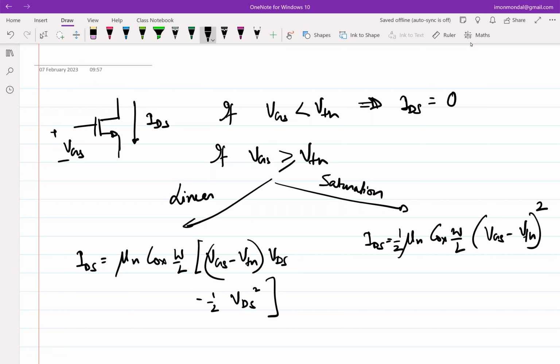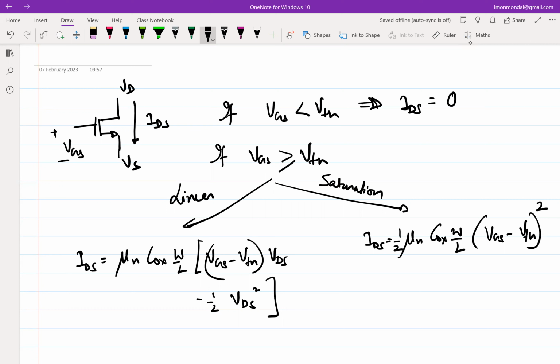So the key takeaway, the key difference between these two regions, linear and saturation, is that in the linear region, you have a dependence of the current between drain and source on the drain-to-source voltage, right? When the current through a port depends on the voltage across the port, it means there is a resistive behavior.